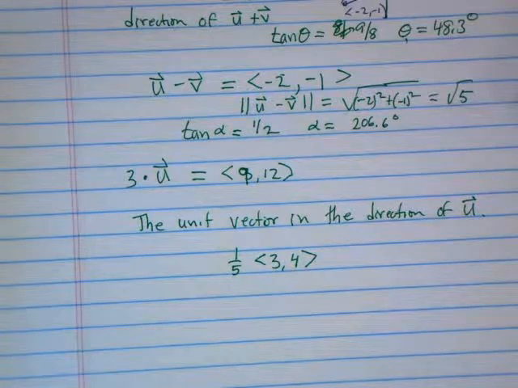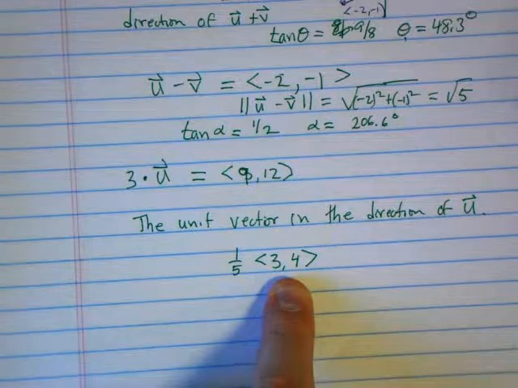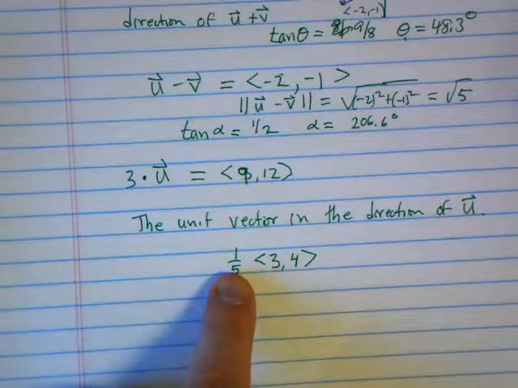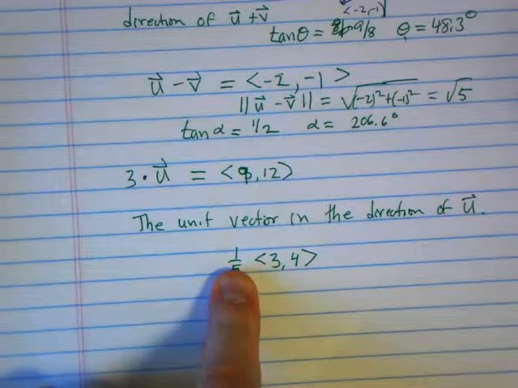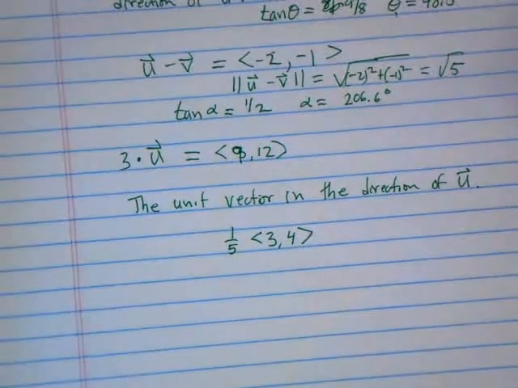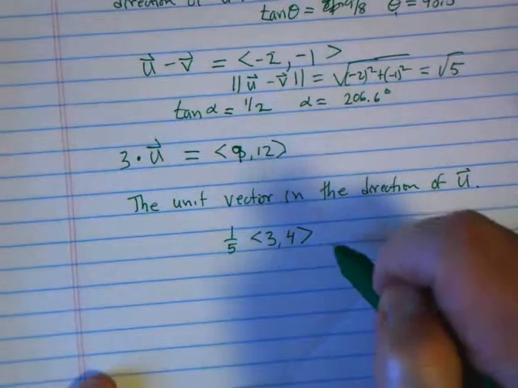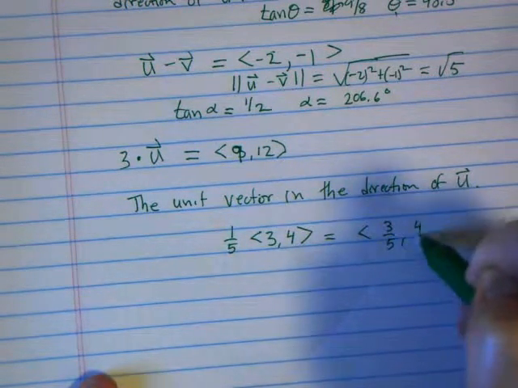It's in the direction of u because I took a number and multiplied it by my original vector. And why is its length now 1? Because the length of this vector is 5, but then I just divided it by 5. 5 divided by 5 gives me 1. I suppose if you want to write it as 3/5, 4/5, that would be fine.